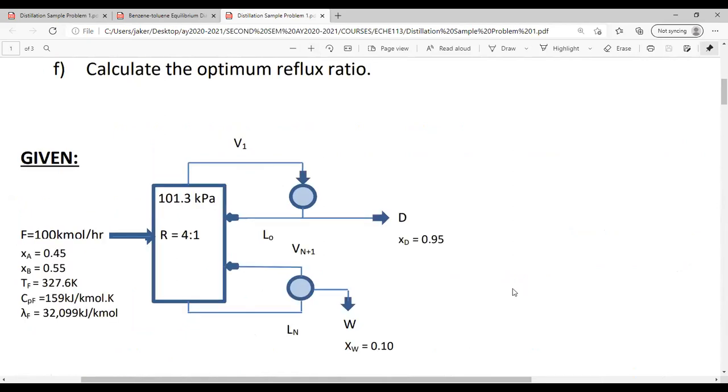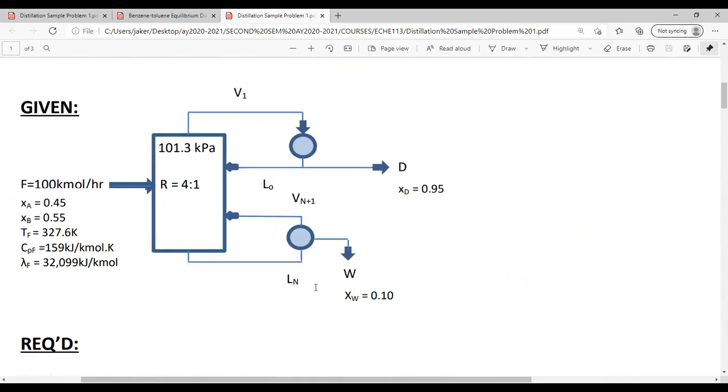Your reflux ratio is the ratio of L sub n to D. The reflux ratio that you were asking, Josh, is this. The ratio of L sub n to D. The total amount of liquid that was introduced into the reboiler divided by the final distillate. That's your external reflux ratio.